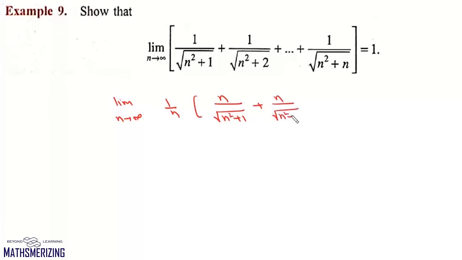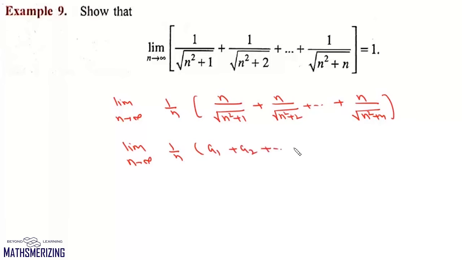Now this limit is of the form limit as n tends to infinity of 1/n (a1 + a2 + ... + an). Now Cauchy's first theorem says this limit is equal to the limit as n tends to infinity of a_n. So all we need to do is solve this limit. Now what's a_n? a_n is n/√(n²+n), and this limit is nothing but 1. So the value of this limit is simply 1.